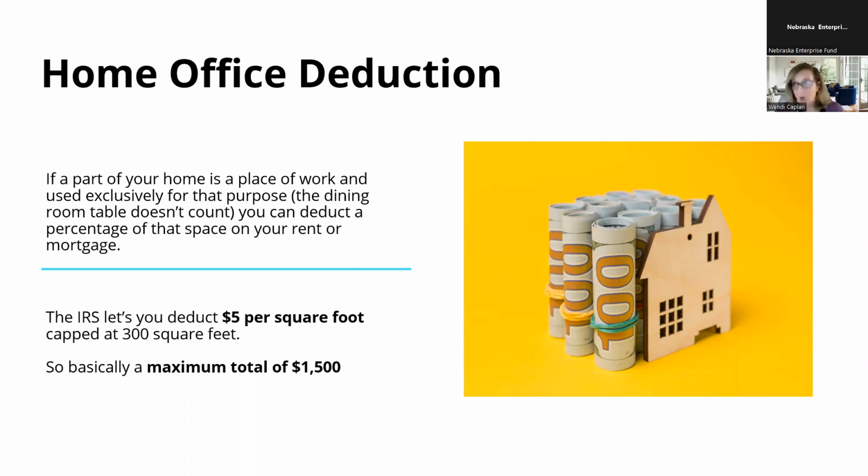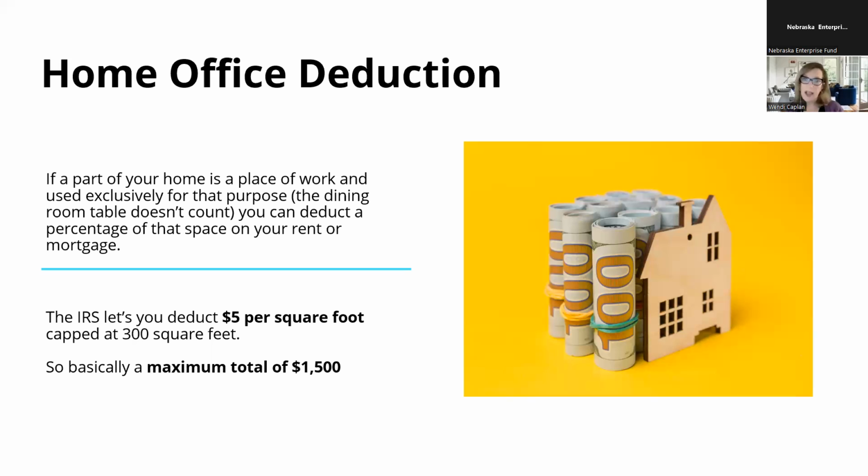You can also take the same square footage and apply that to your utilities. So if your utility bill is $200 and you're writing off 50 square feet of office expense, you calculate what your square footage percentage is and take that portion of your utility bill.